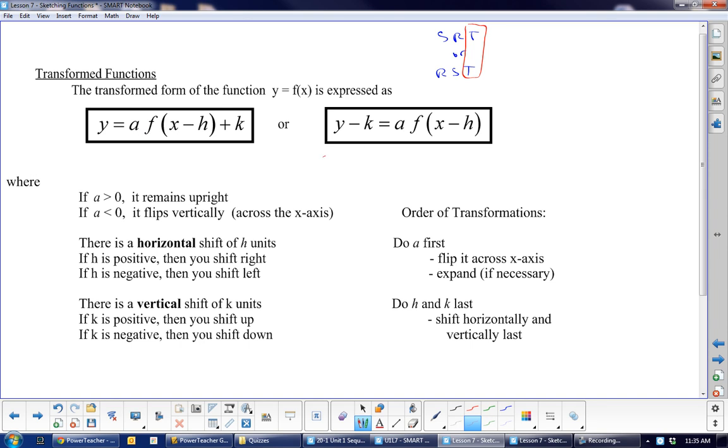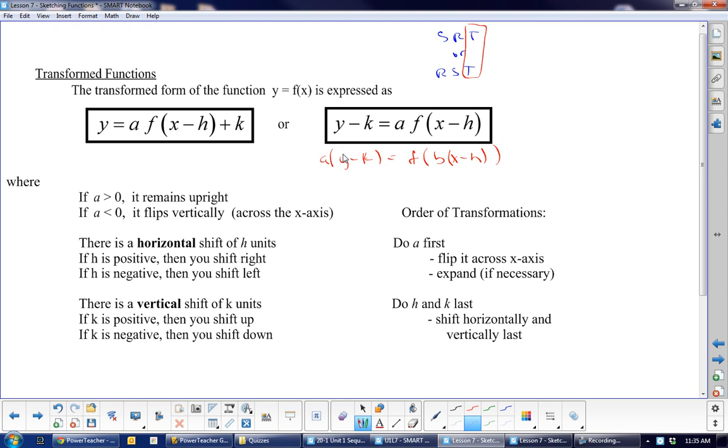So really, and then this is what would happen if there was a horizontal stretch. Okay? So the B must be in brackets, or the B must be out of brackets with the x minus h.